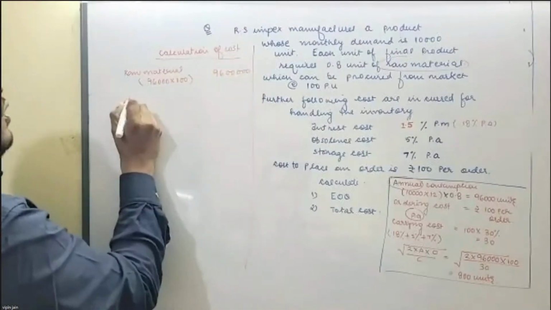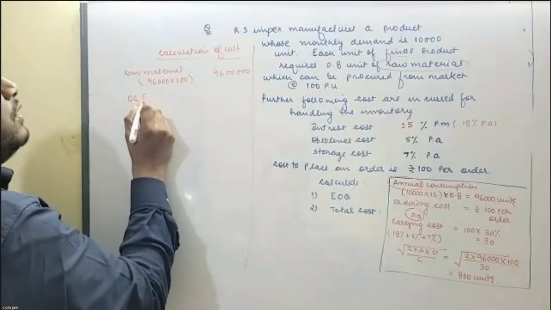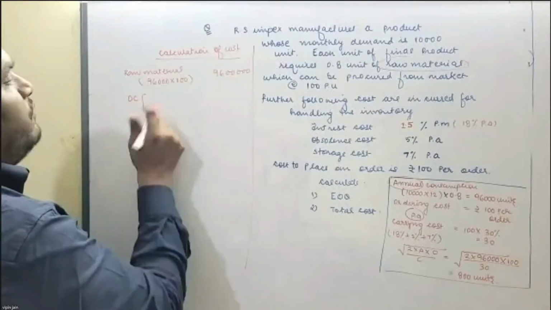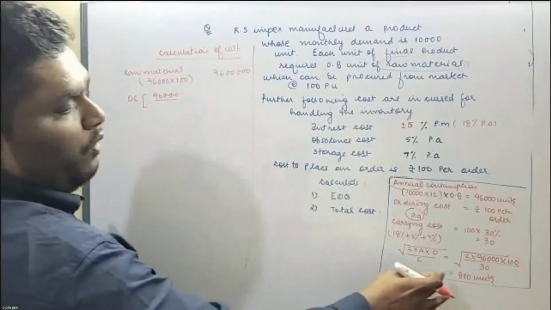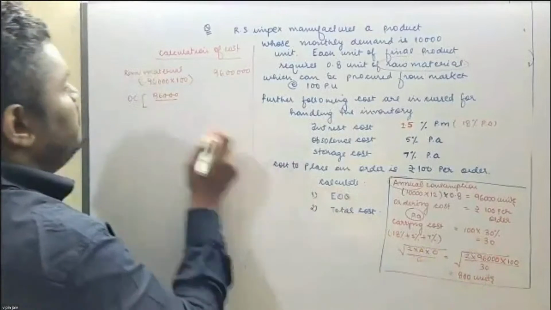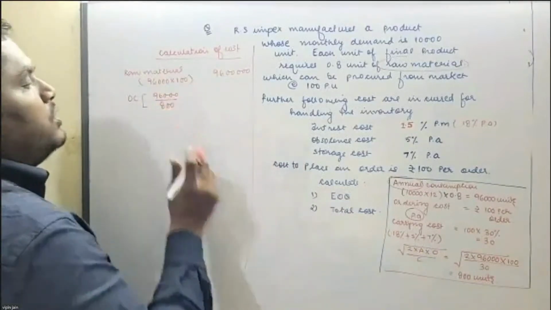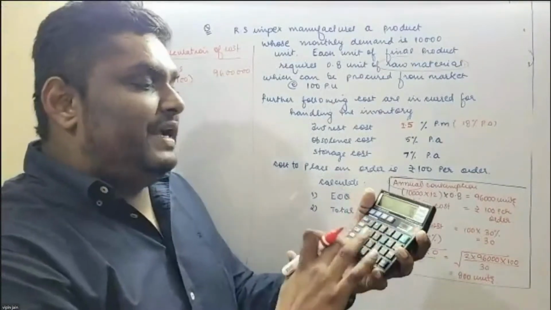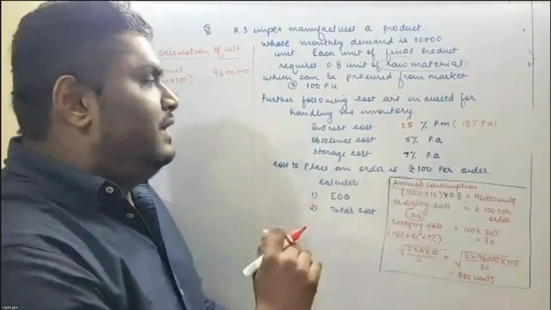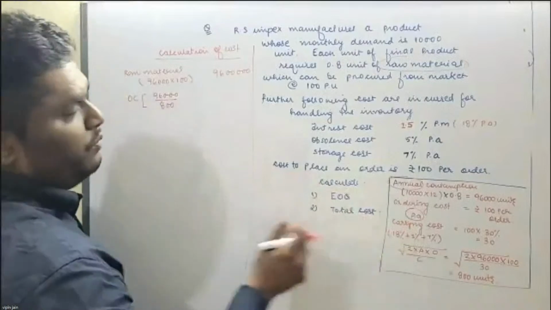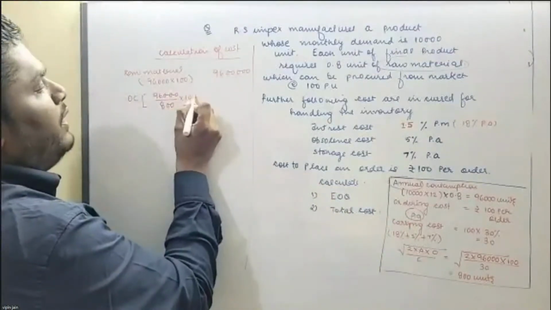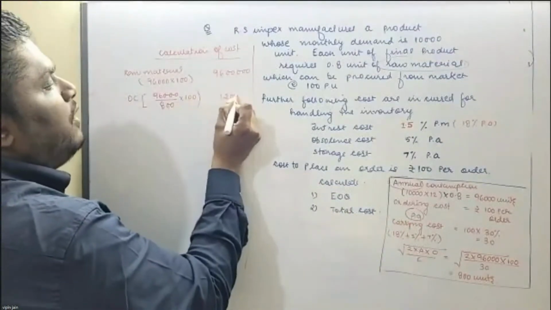Ordering cost. My annual requirement is 96,000 and my order quantity is 800 units. So how many orders need to be placed? 96,000 divided by 800. That is 120 orders, and ordering cost is 100 per order. So 120 into 100, this will be 12,000.